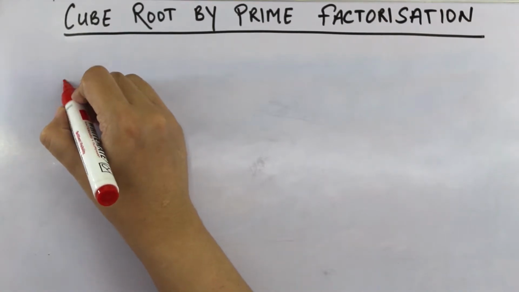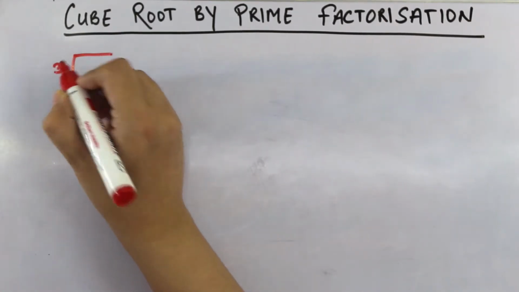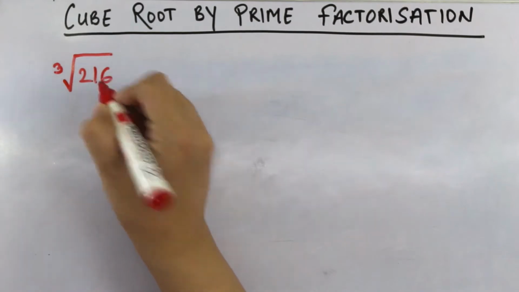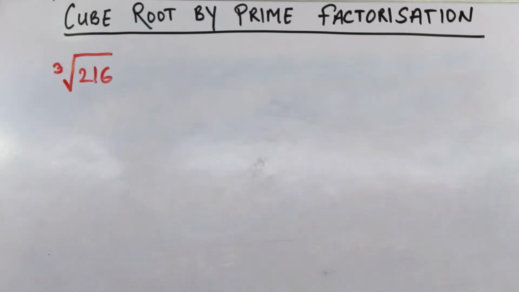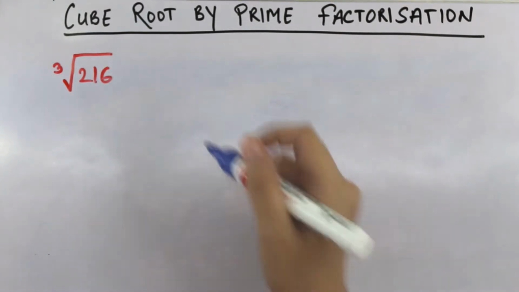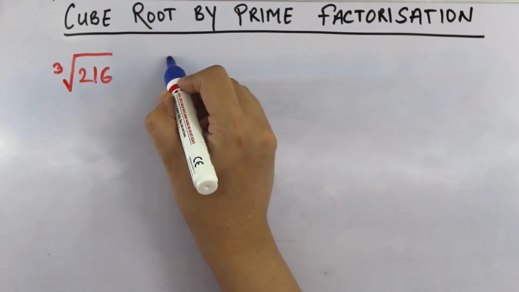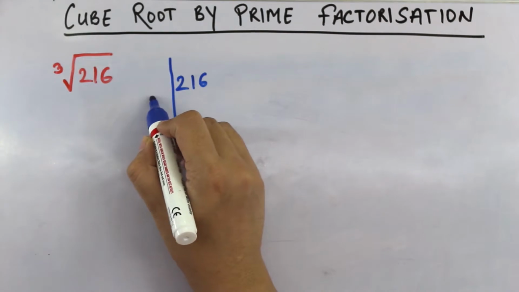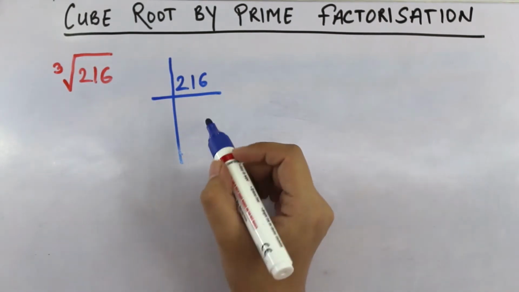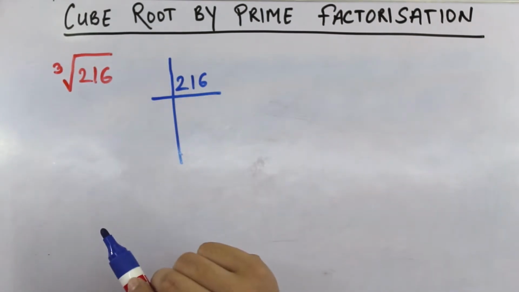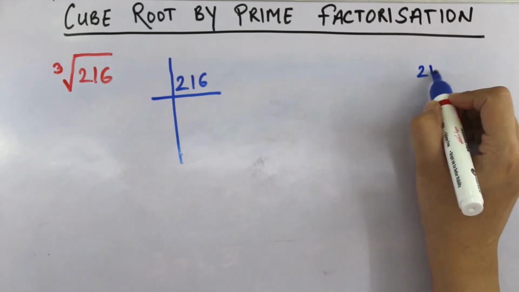Now suppose I have a question that I have to find the cube root of 216 by prime factorization method. So what I'm going to do is find the factors of 216. So 216 can be divided by 2. Let's see.